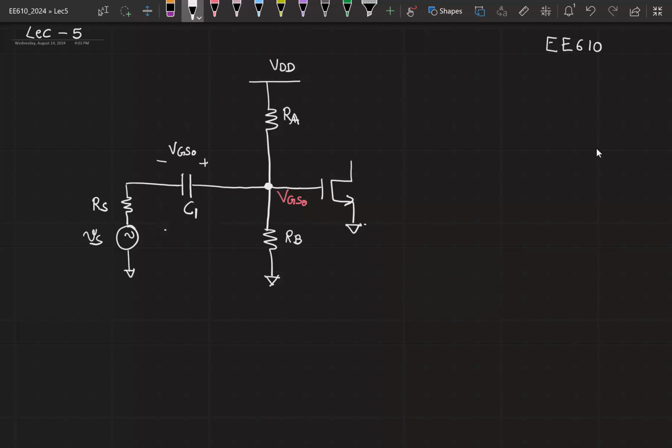To bias the drain, I again used the same battery VDD and connected a resistor RL1. And to connect our load resistor RL, I again used a very large capacitor. We called it C2.